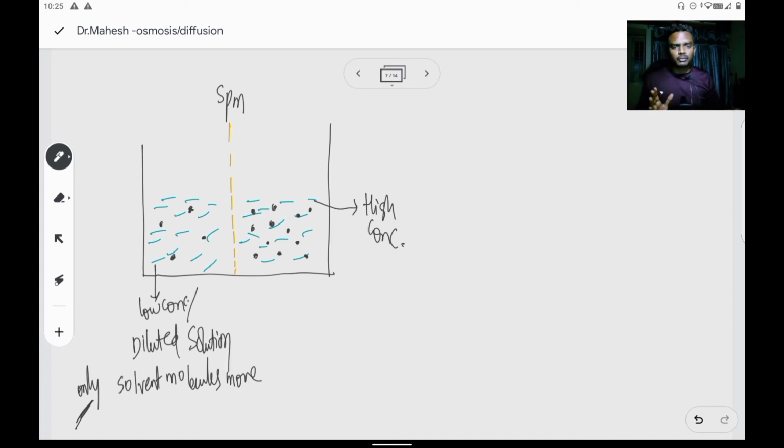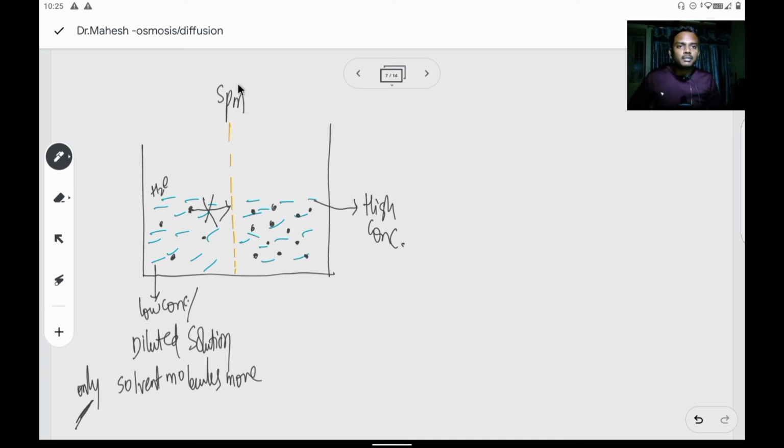Here what is the solvent? Water is the solvent. Why only solvent molecules? Why can't solute particles move? It's a doubt, right? Because solute particles can't pass through the semi-permeable membrane.